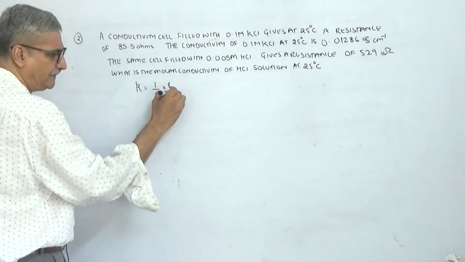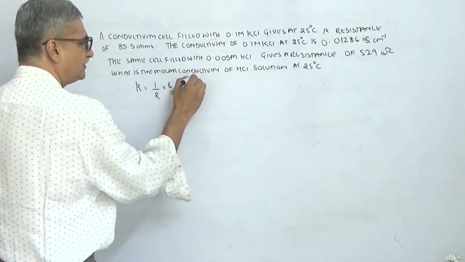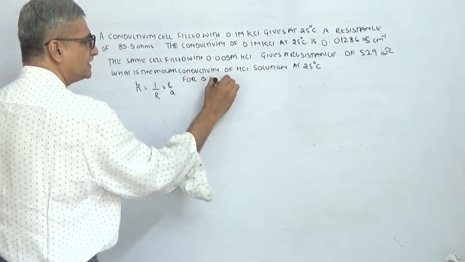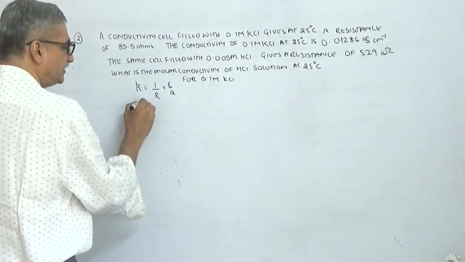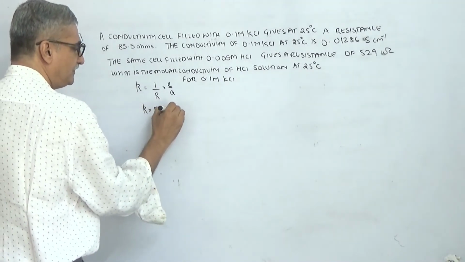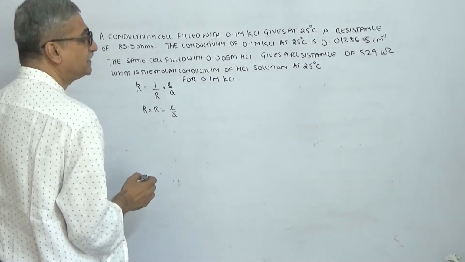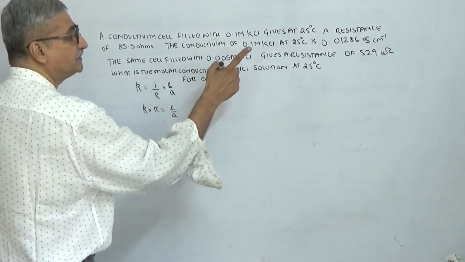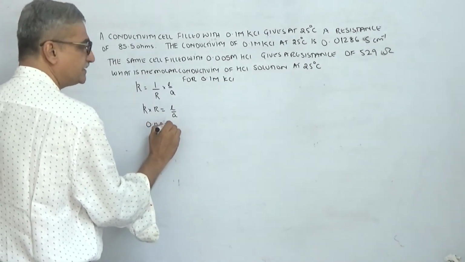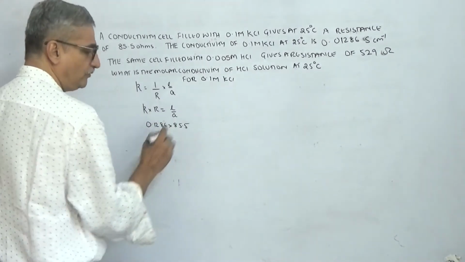into L by A. This is for which solution? For 0.1 molar KCl. This is the first situation. So K into R will be L by A. So K into R will be 0.1286 into 85.5 ohms.